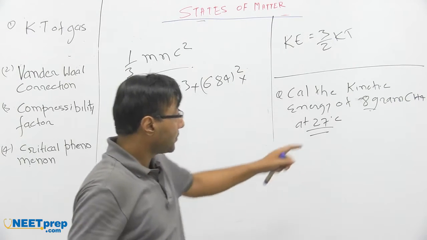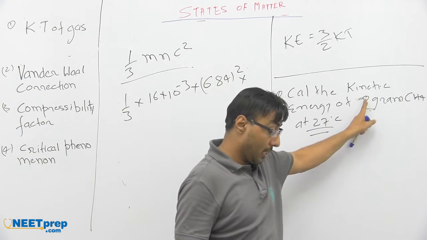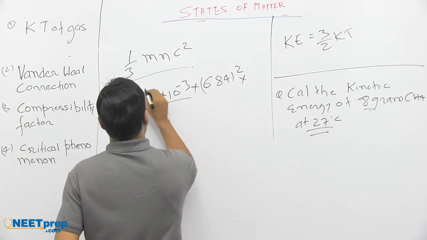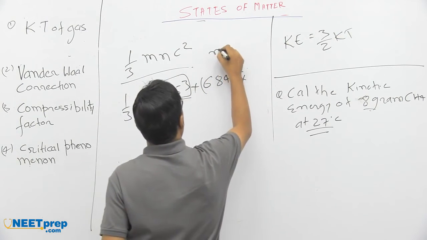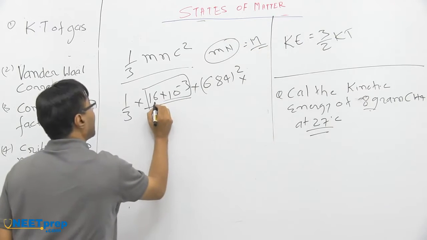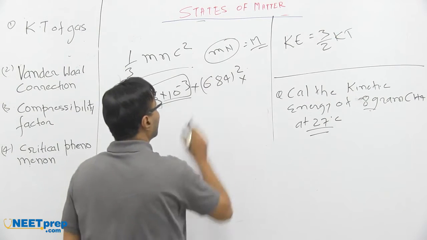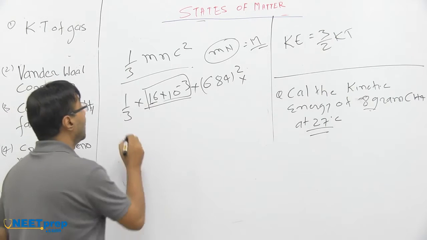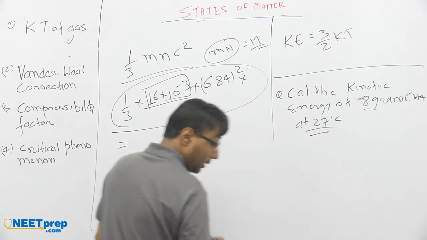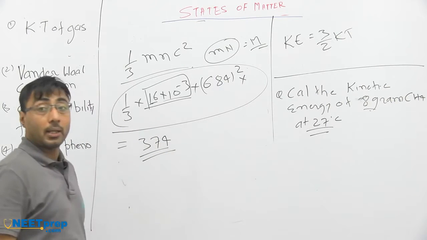And we need to find out how many molecules are there in 8 gram of methane. When we multiply this small letter m into the Avogadro number, this becomes the molecular mass. So we have kept the value of the molecular mass here, 16 into 10 raised to power minus 3, this is the molecular mass of the gas. When we solve this one, we get an answer, 374. This is the value of kinetic energy.